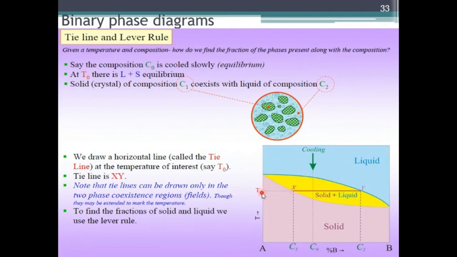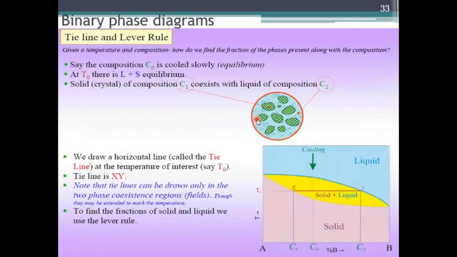Now, if you draw a horizontal line, it will meet the liquid line at a point Y. If you drop it down, you get the chemical composition C2. These two points partition the in-between solid plus liquid mixture.